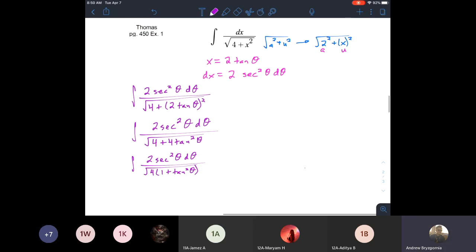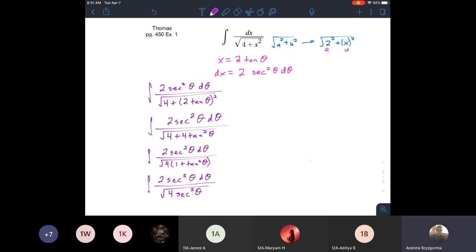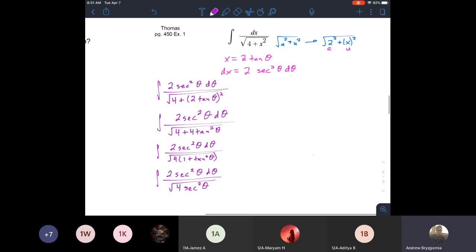So we're going to get some nice simplifying here. In fact, we're going to be able to cancel a secant on top and bottom, and we're also going to be able to get rid of the 2's.